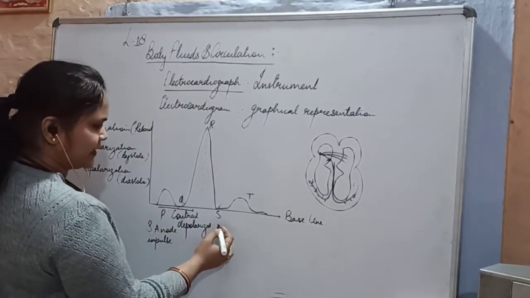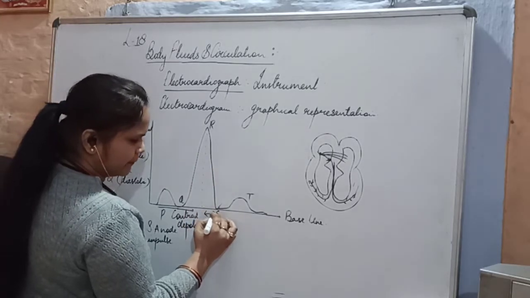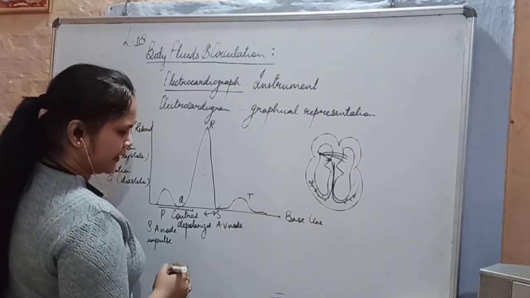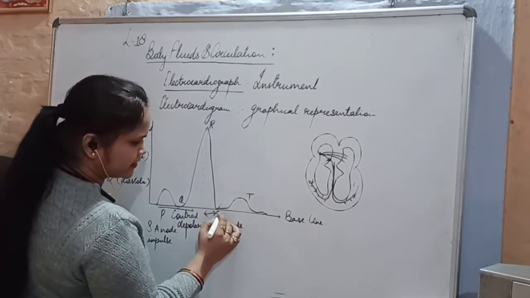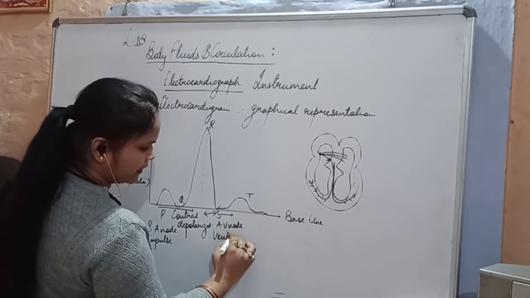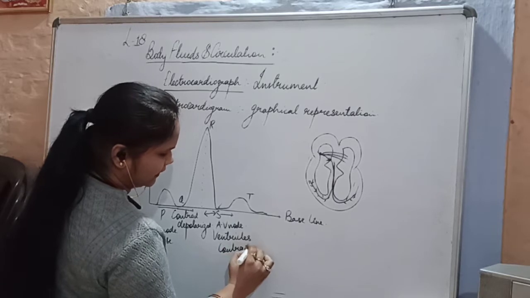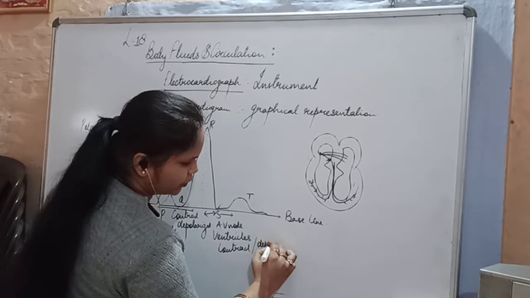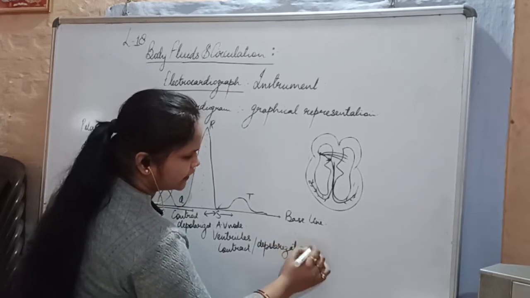So during the time period of R, S, the impulse travels to the AV node, and after this, from RS till the T time period, the ventricles will be in a state of contraction. We can also call it ventricular depolarization.